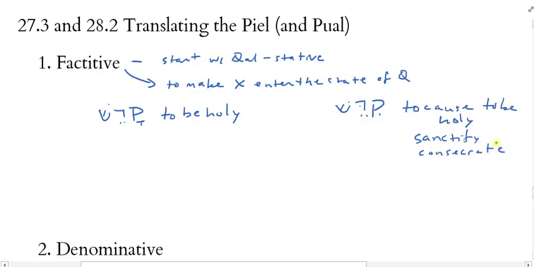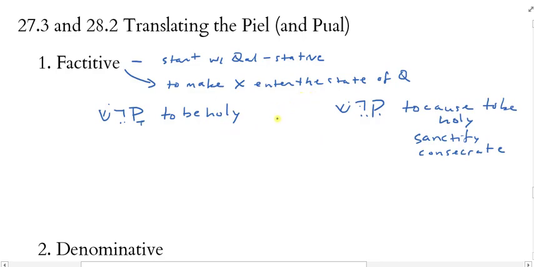To cause to be holy, to sanctify, to consecrate. Okay? So, kadesh, he was holy. Kiddush, he sanctified. That is, he made something or someone holy. When you have situations like this, you're going to see a direct object. And the direct object is the one that enters into the state that the cal meaning would have.